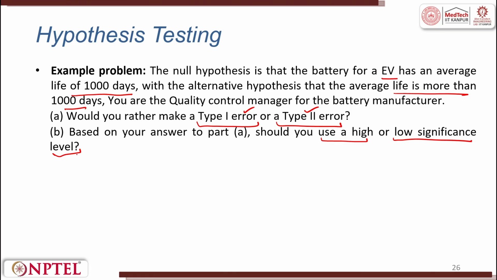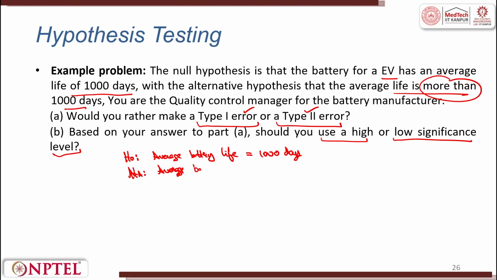Please try to understand this problem. They say average battery life is 1000 days. This is our null hypothesis. The alternative, that is HA, will be that average battery life is not given as not 1000, it is given as more than 1000.